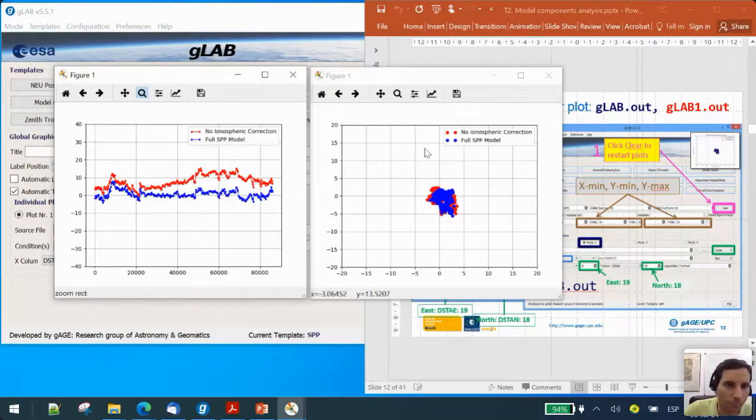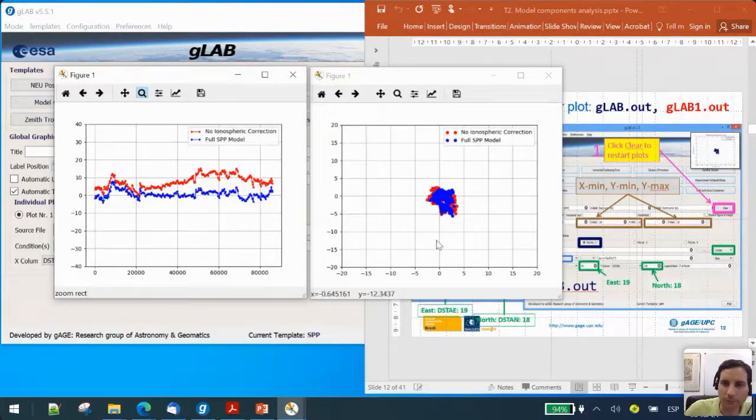Why in the vertical positioning, in the vertical domain, we see that there is a huge difference. There is a 10-15 meter difference between neglecting or not neglecting the ionospheric correction, but in the horizontal positioning, we can see that the degradation is not that severe.